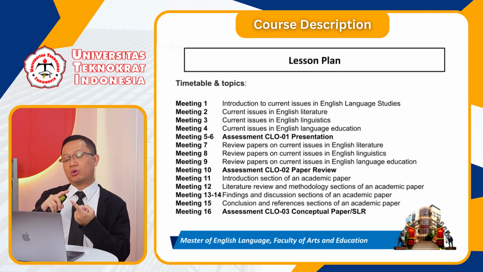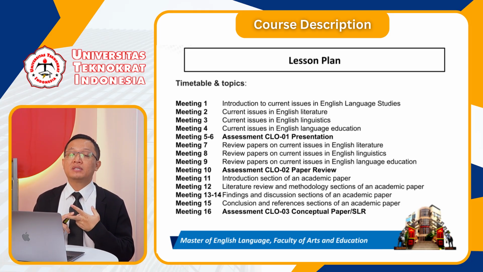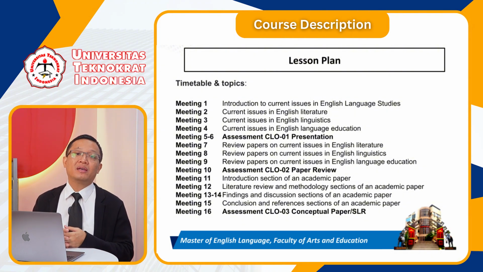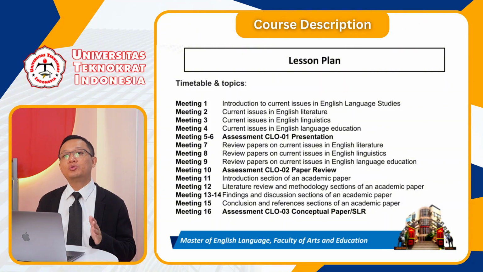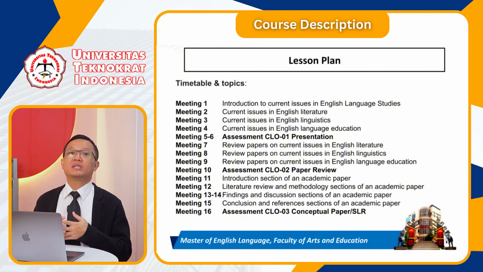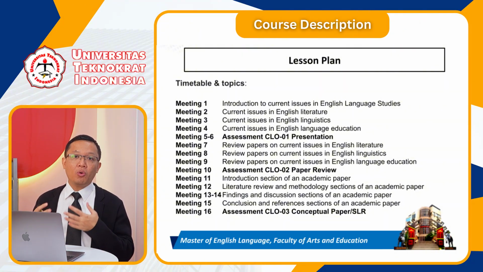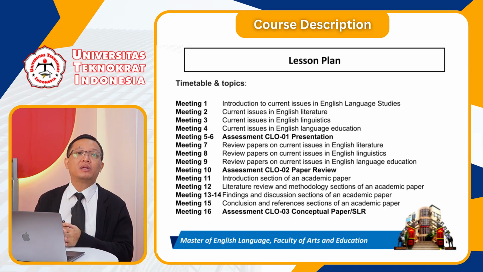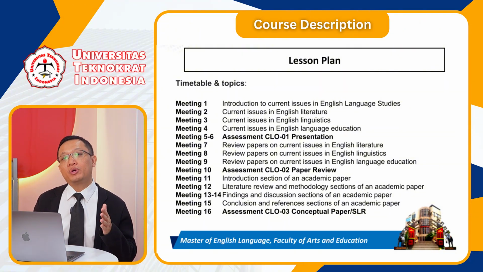It can be a conceptual paper or systematic literature review. In meeting 16, you will have assessment of CLO 03, which is conceptual paper or SLR. So you can choose whether you want to write a conceptual paper or SLR. I hope that this timetable and topics are clear enough for you, so then you can prepare what you have to face during the whole of the semester.